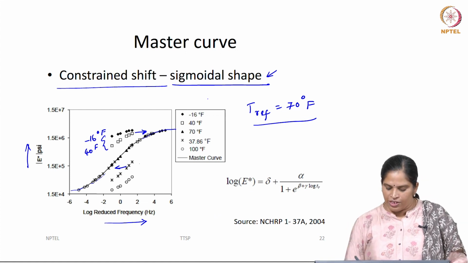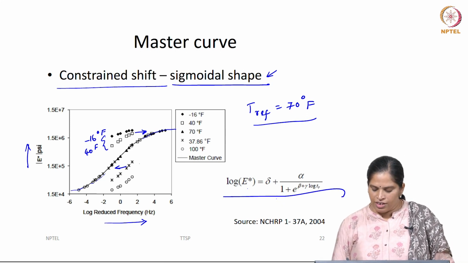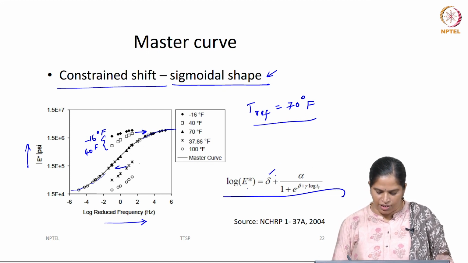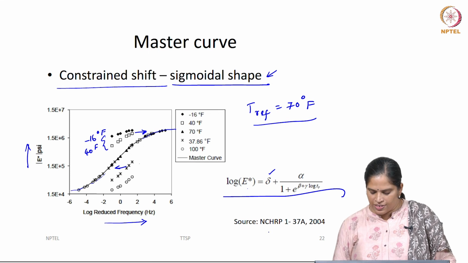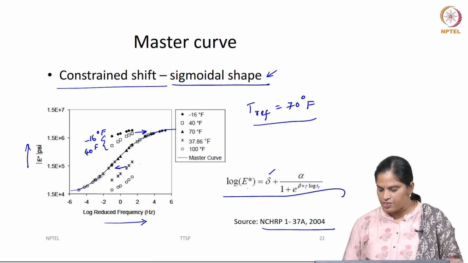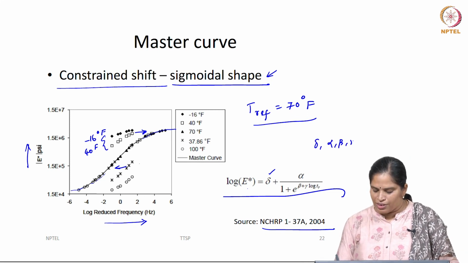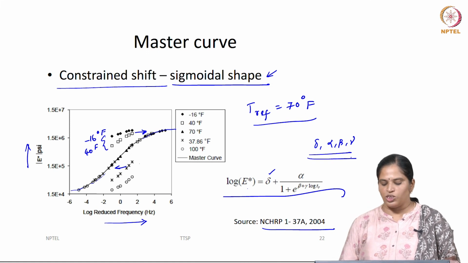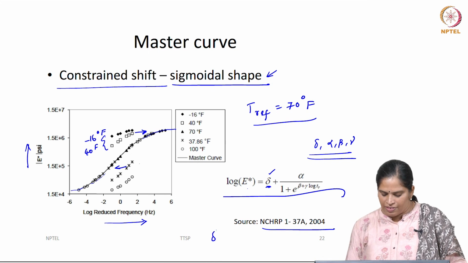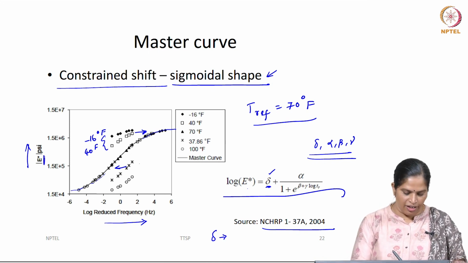The sigmoidal equation states this: log of dynamic modulus value is a function of this delta. Delta here is not the phase angle. This is the equation as given in NCHRP. This delta is not the phase angle which we used previously. You have delta, alpha, beta, gamma, which are material functions. This delta value is the minimum modulus, given as E minimum here.